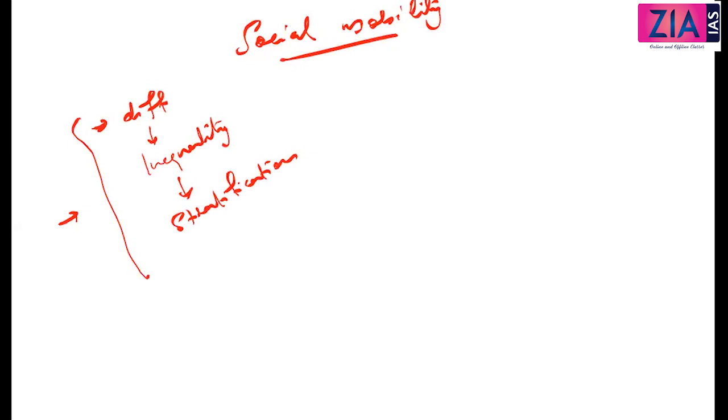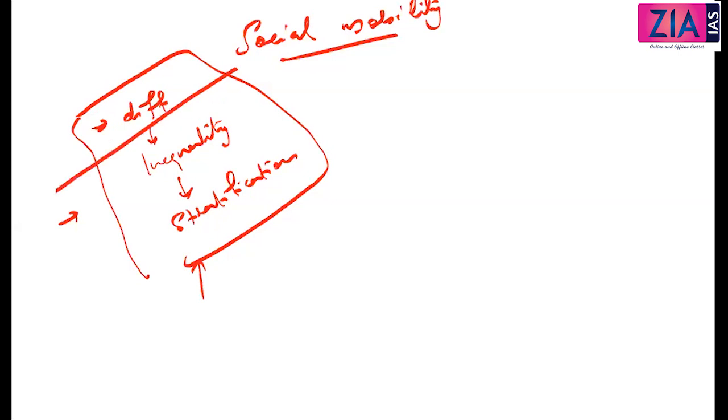Here, we have understood what stratification is, and this is the most important part in this particular chapter. So I'm expecting that this part is very clear to you: what are differences, how differences become inequality, and how we understand inequality in terms of stratification. When you attach certain values to differences, it becomes inequality.